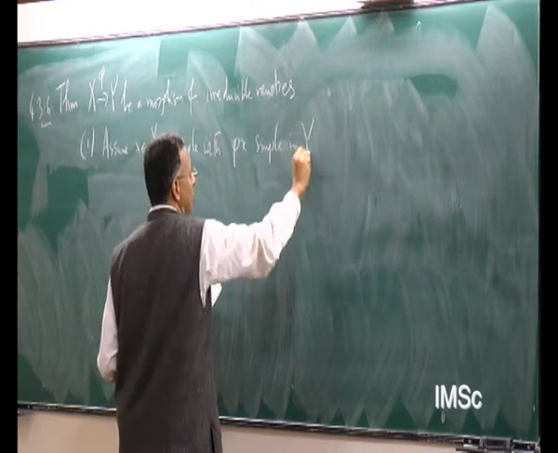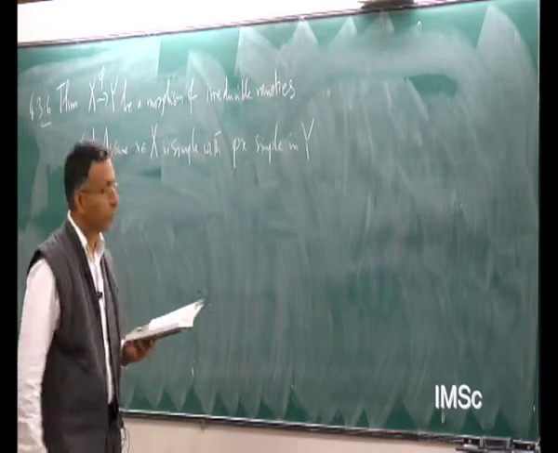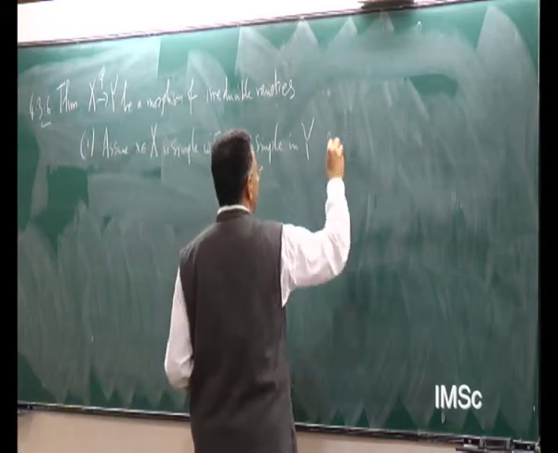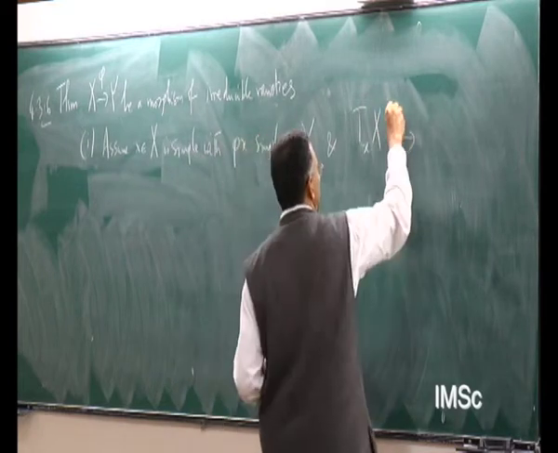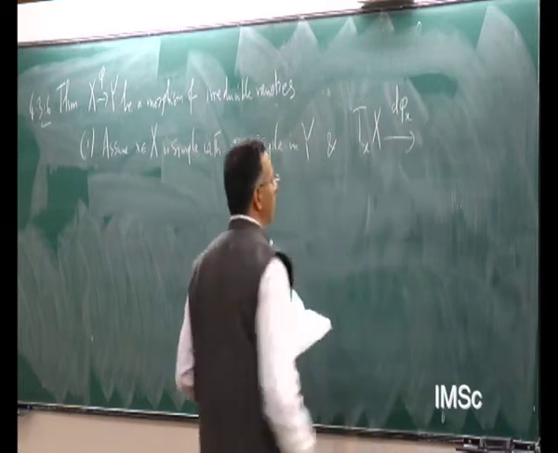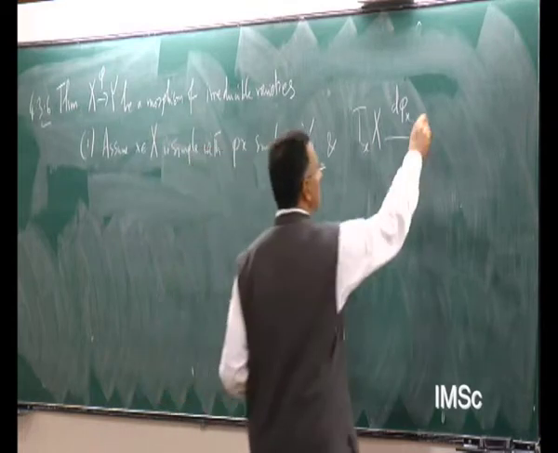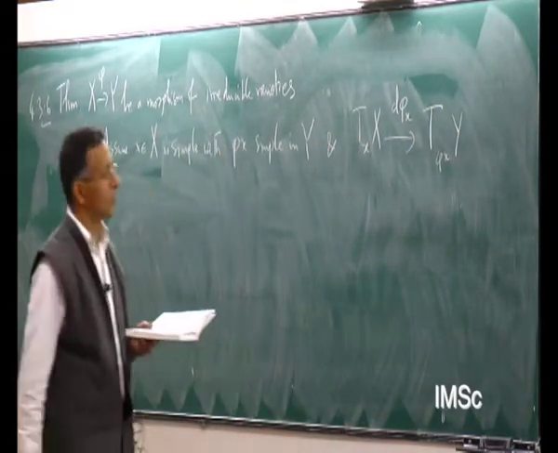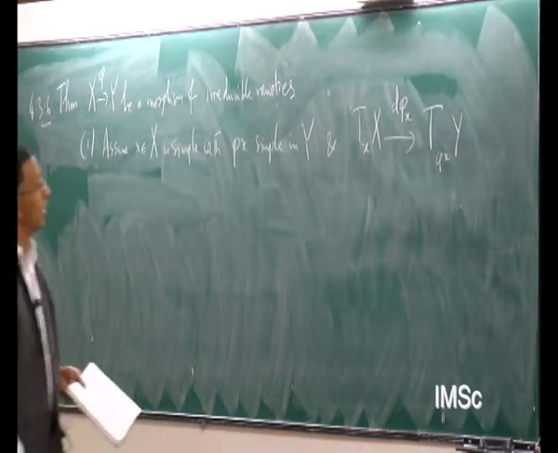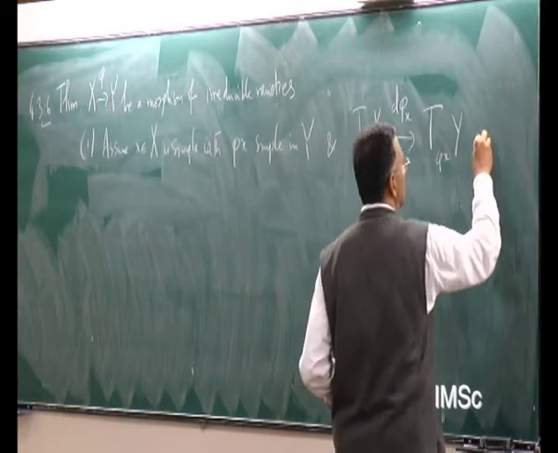The image point is a smooth point in Y, and the differential d phi at x takes T_x X to T_{phi x} Y, and it is surjective.